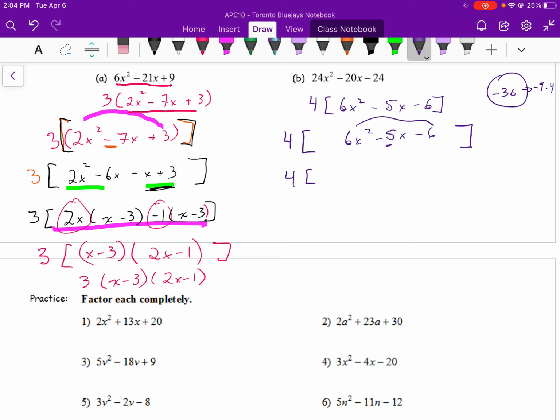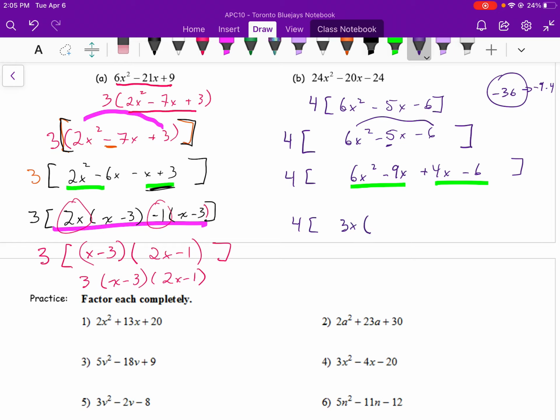So really, I'm going to break this up. Now, I'm only going to decompose what's inside the square brackets. There we have it. And I'm going to look among my pairs. So 4 times, what is the common factor in the first pair, 6x squared minus 9x?